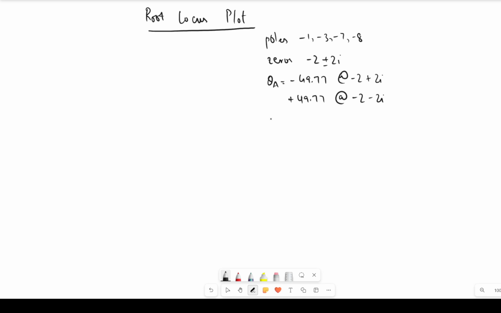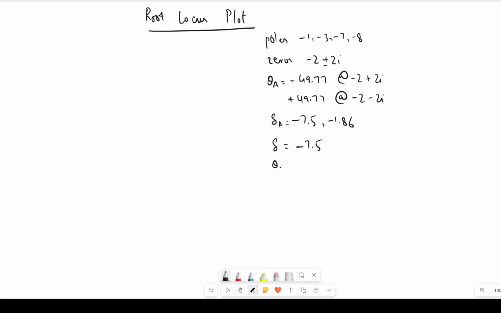Then we obtained the breakaway points, sigma breakaway. We had two breakaways, one at, I believe, minus 7.5, and the other at minus 1.86. Then we obtained sigma, our centroid, which was minus 7.5.